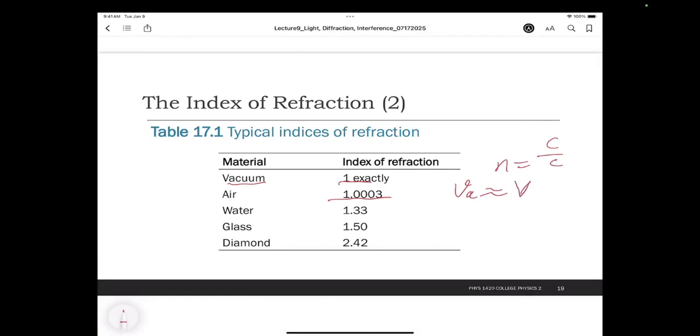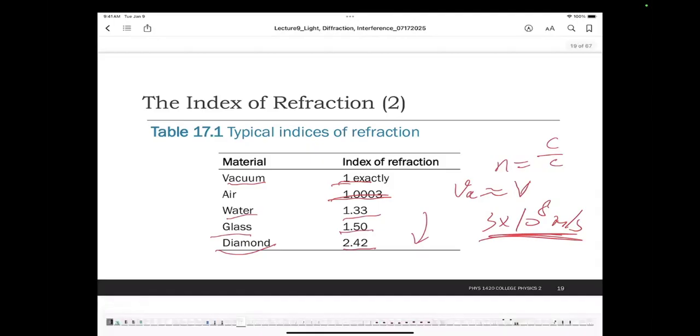That's the reason why, when we solve problems, even in air, we just use 3 times 10 to the 8 meters per second. This value is very close. In water, the index of refraction is 1.33, in glass it is 1.5, and in diamond it is 2.42, which means the speed goes down and becomes slower.